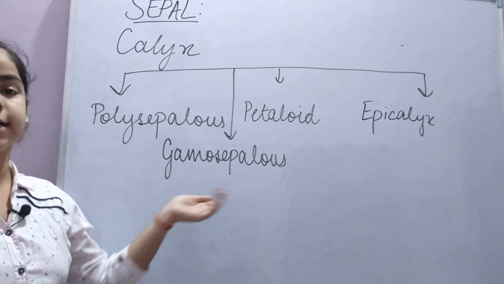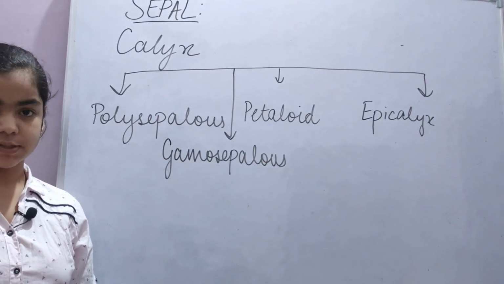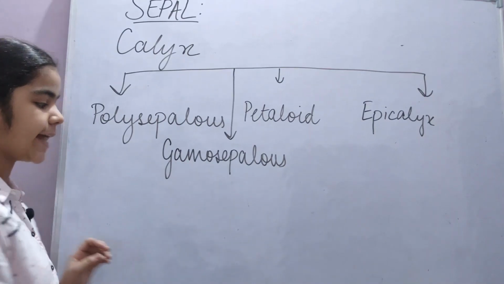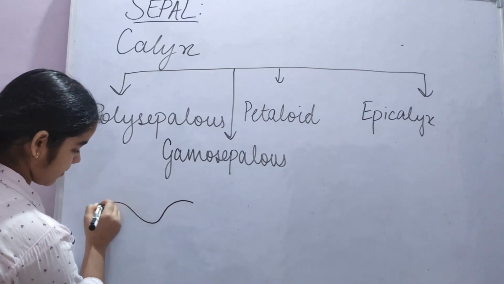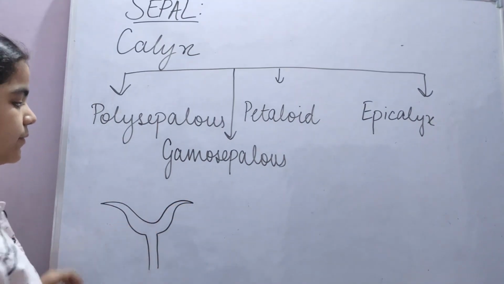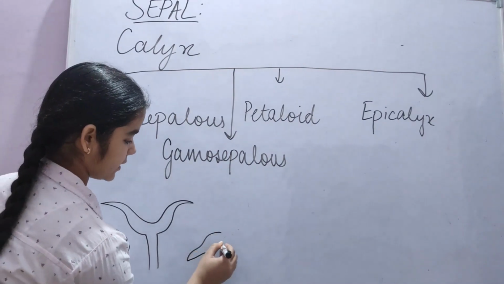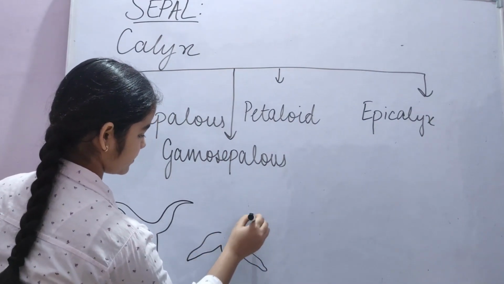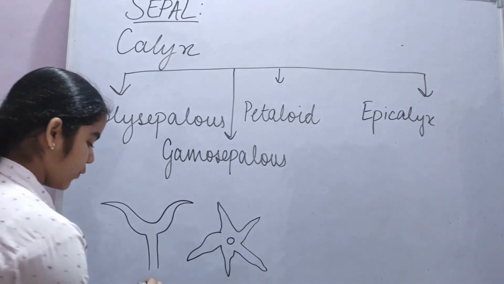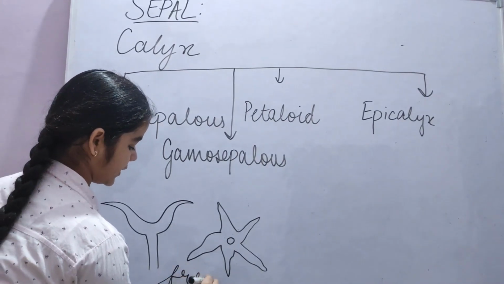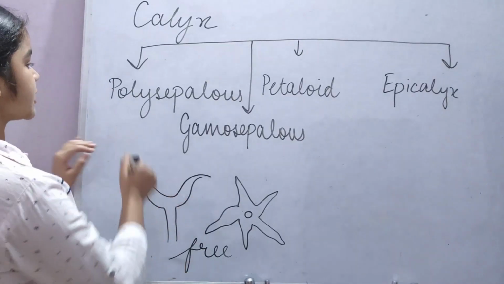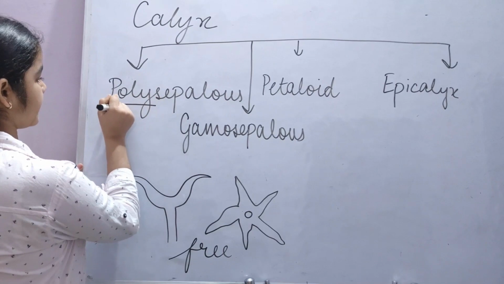There are 4 conditions whenever you see a calyx. That may be free like this. Usual condition, if you see from top view, it may look like this. So this is the condition when the sepals are free. And this condition is called polysepalous.